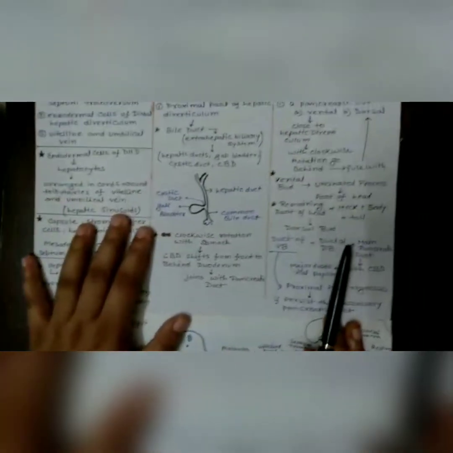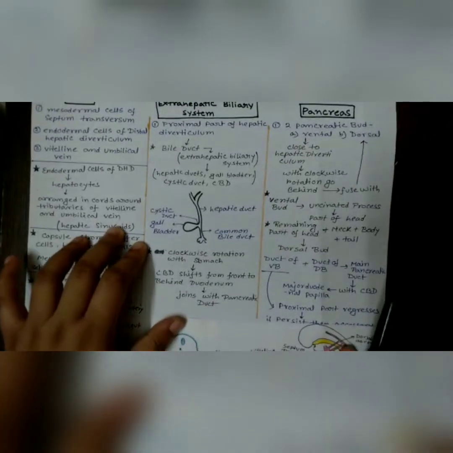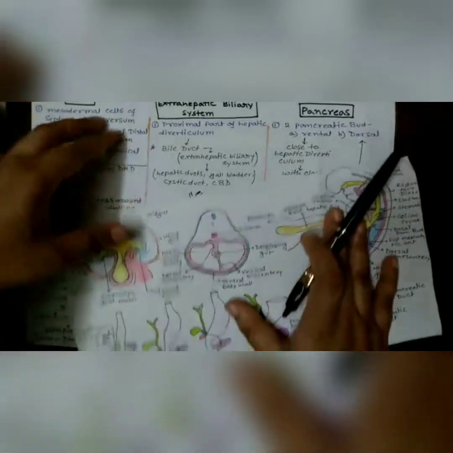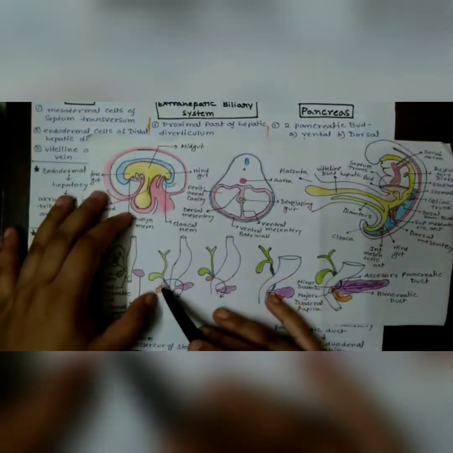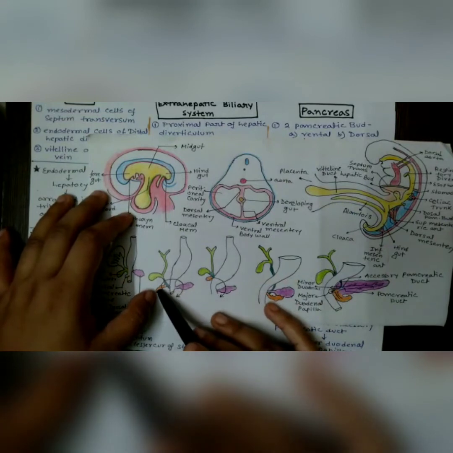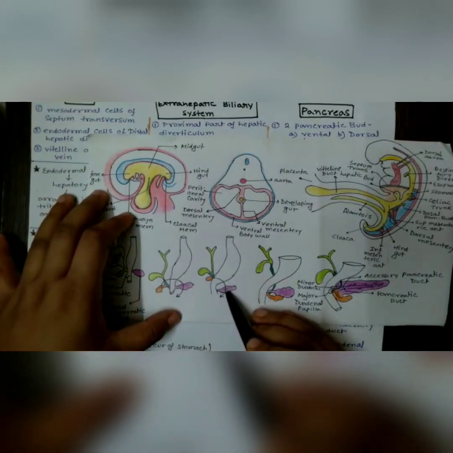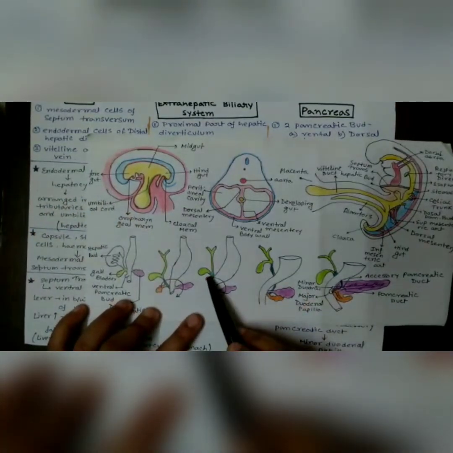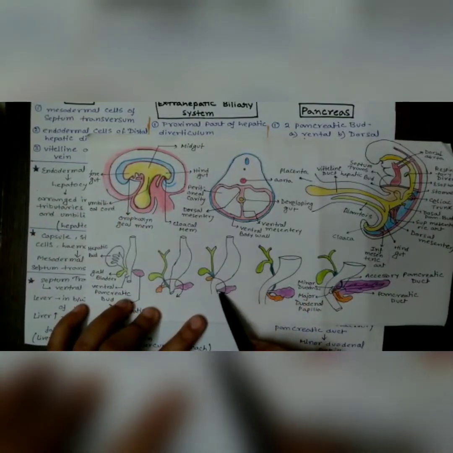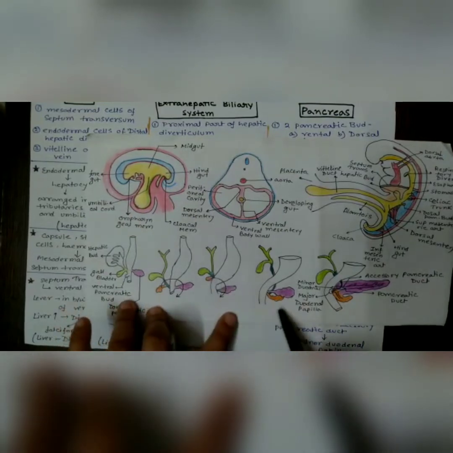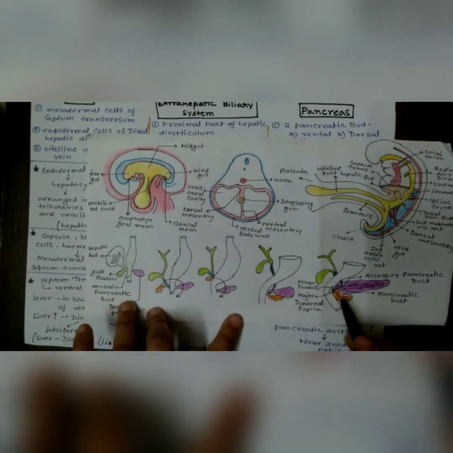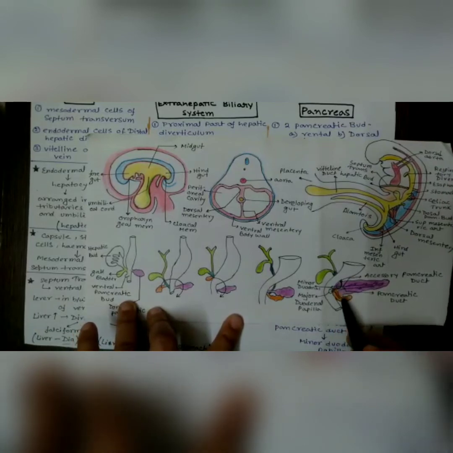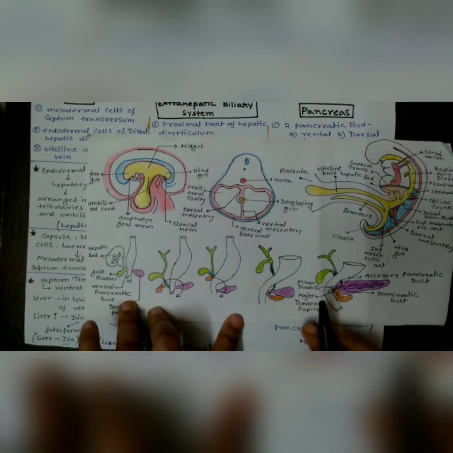Now let's talk about the pancreas. So what happened with the pancreas? Actually, this ventral bud rotates and fuses with the dorsal portion, right? So you can appreciate with colors, like this orange color is ventral, and this purple color is dorsal. When the ventral fuses with the dorsal, the uncinate process in the head of the pancreas is formed by the ventral bud.